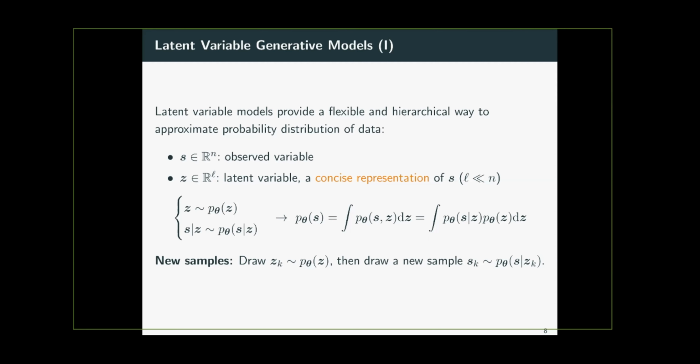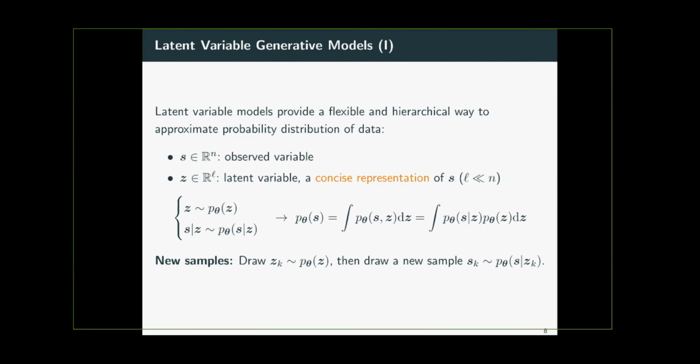But actually computing this integral is really tough and impossible for the models we are going to be discussing. And all the mathematical tricks necessary to obtain P theta of S are exactly due to the fact that this integral cannot be computed in closed form.